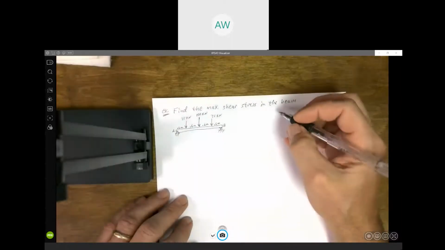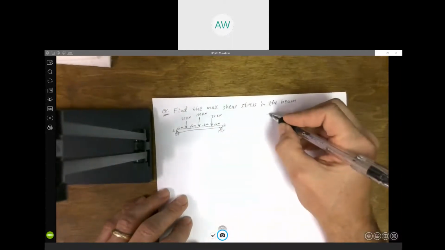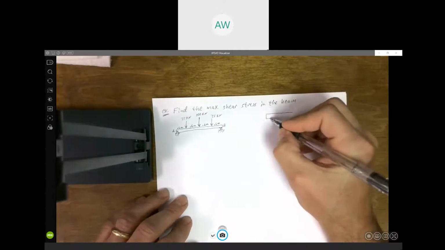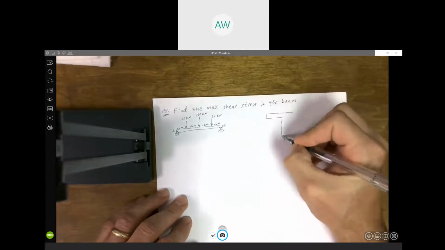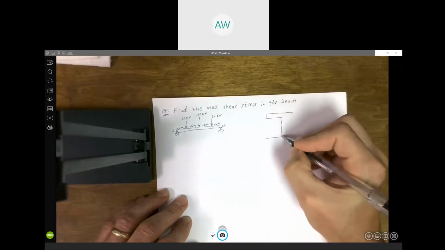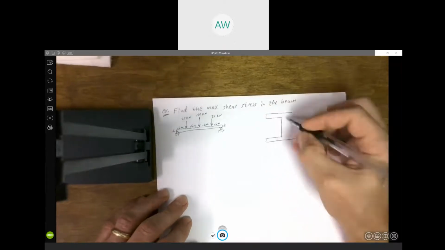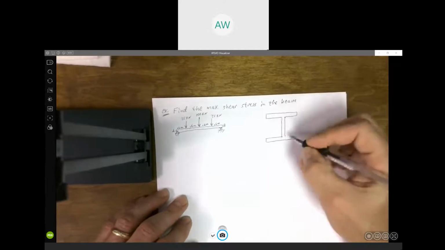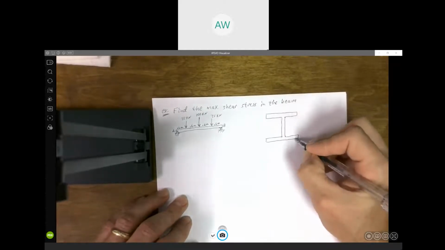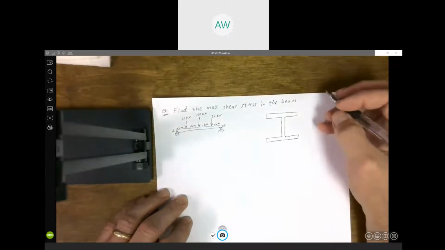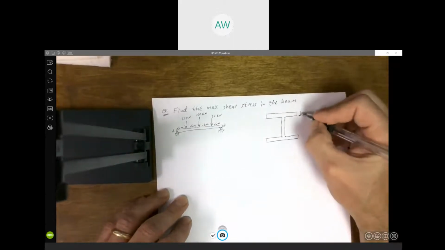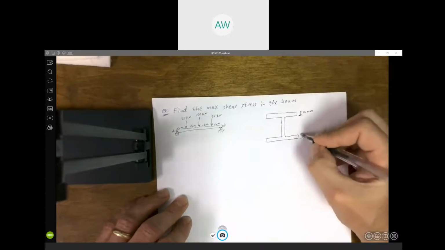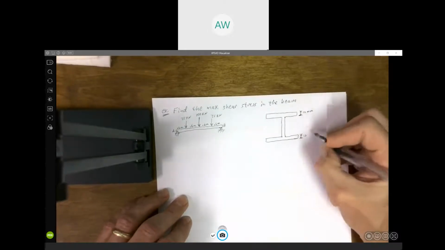We're given the cross section. Let me come over here to the side. It's an I-beam. It's nice and symmetric. Hopefully mine will come out somewhat symmetric. As usual, I'm sure it won't be to scale. This is 12 millimeters. This is 12 millimeters.